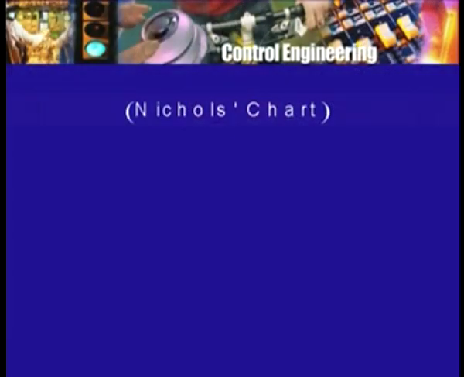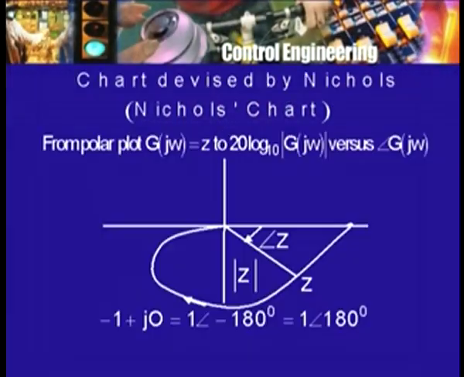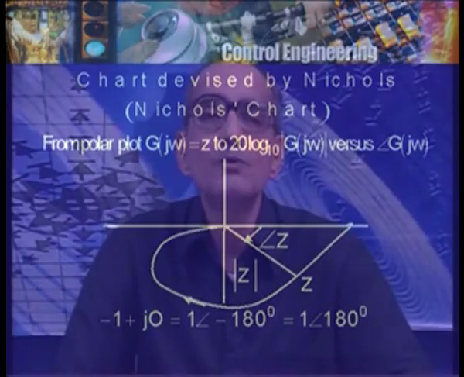Now, there was an engineer by name Nichols who had a somewhat different idea, and the advantage of his scheme is that it is more easy to use or more helpful in design. Determining the closed loop frequency response from the open loop frequency response is one thing, and determining what kind of controller should be used in the forward path to achieve a desired performance is quite another.